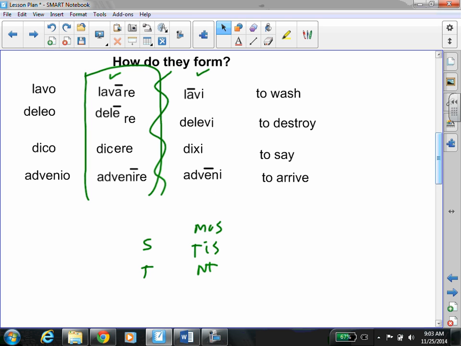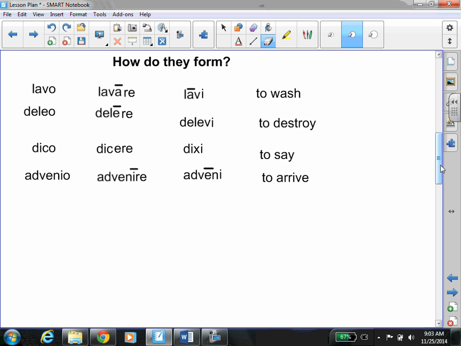Let's see if we can do this with the next one. The third conjugation is a little bit different. Because there's no long mark over the E, you can see these long marks right here over the vowels. Because there's no long mark over the E, you're actually removing the ERE.